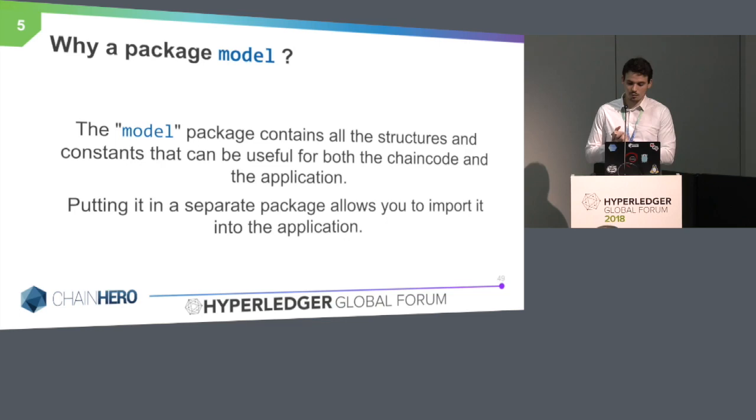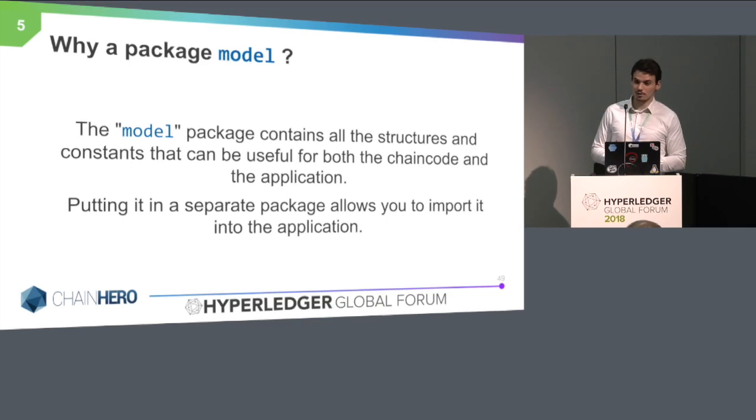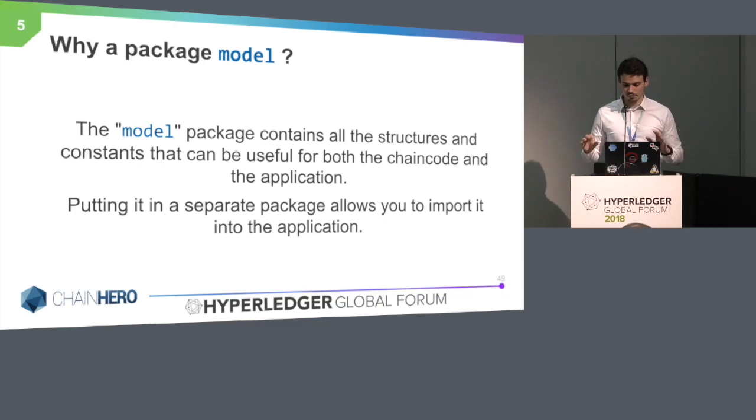So why? Because the application that is stored in the hub folder at the root of the project will use this model package in order to reuse the same data structures that are used in the chain code. So every piece of information in the model package is used by both applications, the chain code and the application.